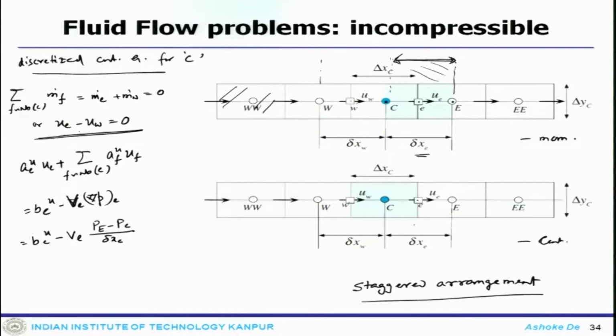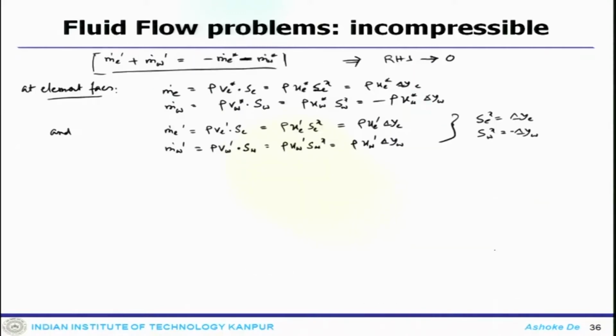So, as long as you are in this kind of one dimensional stencil, this is what you can use. Now, the pressure field does not appear in this equation nor in the equation that we have written here. So, now we have to bring the pressure field into the system.